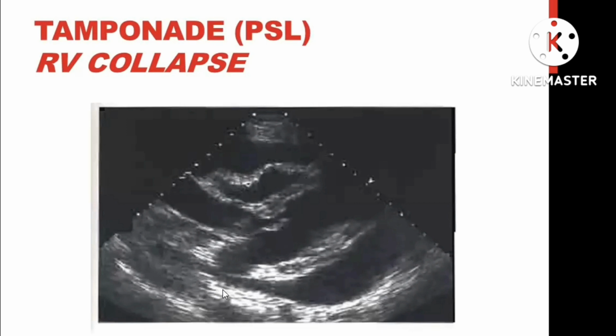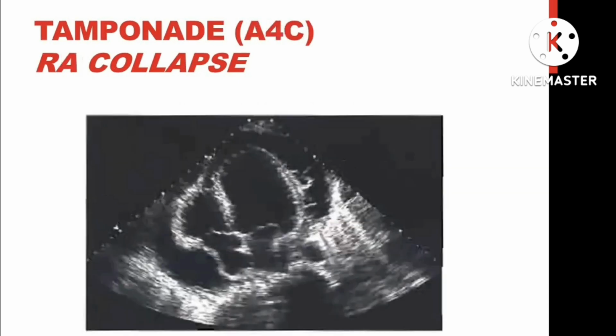Here, the RA is collapsed. This is the first. Why do you think? Because it is missed.